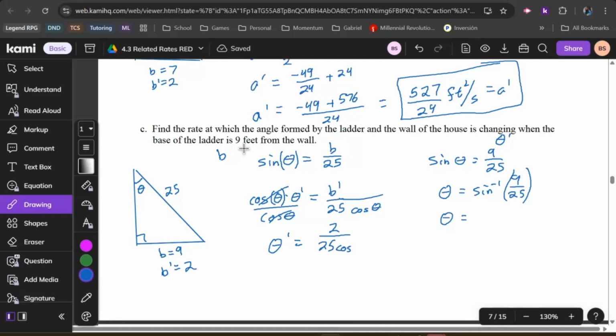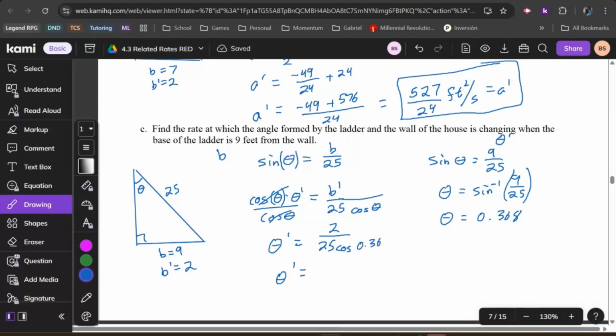If I put in sine inverse of 9 divided by 25, making sure it's in radians, I will get 0.368. We'll use 3 decimals because the College Board usually uses 3 decimals. I know, I'd rather use sig digs, but they don't, so we don't. And so in this case, theta prime, sorry, I need to plug that in.